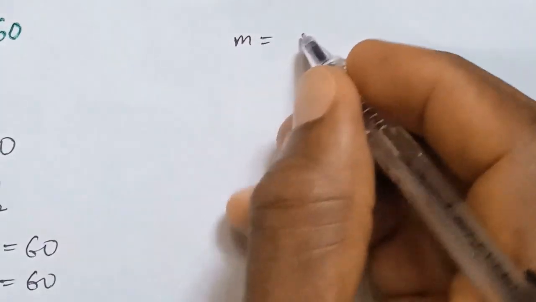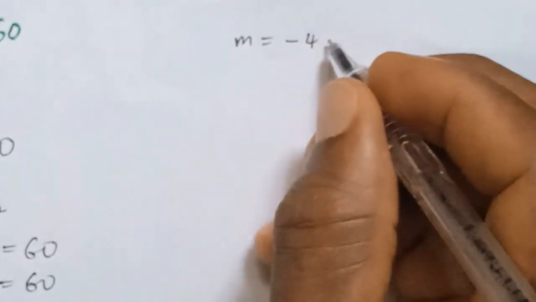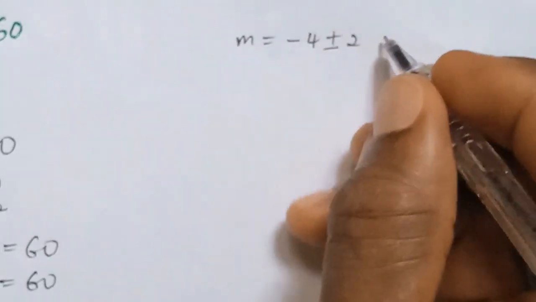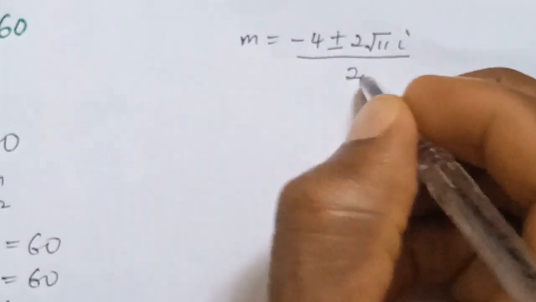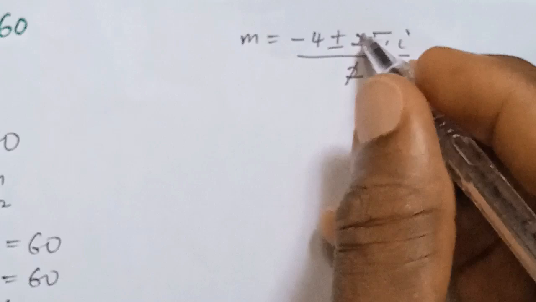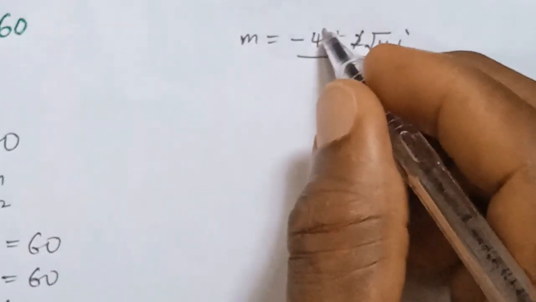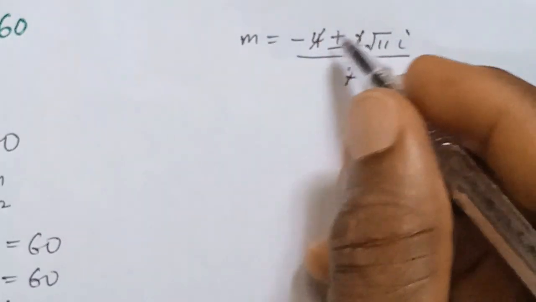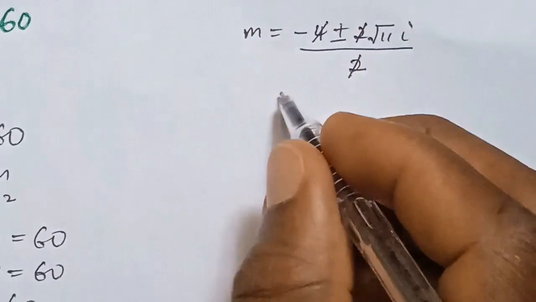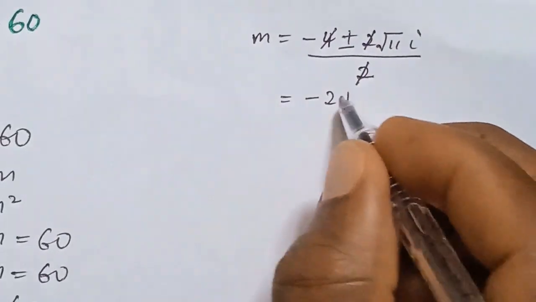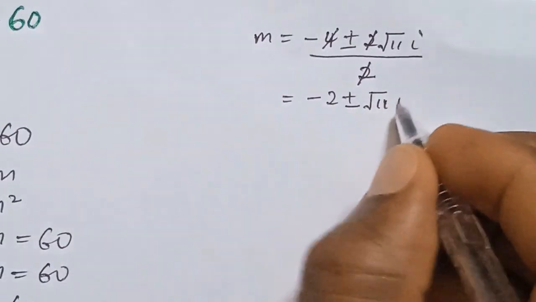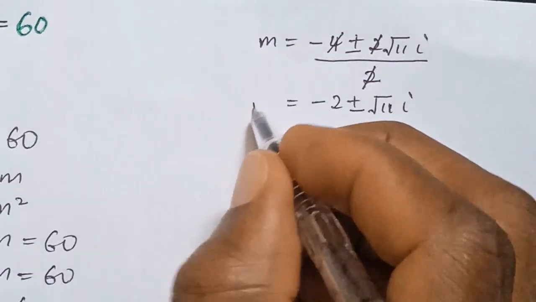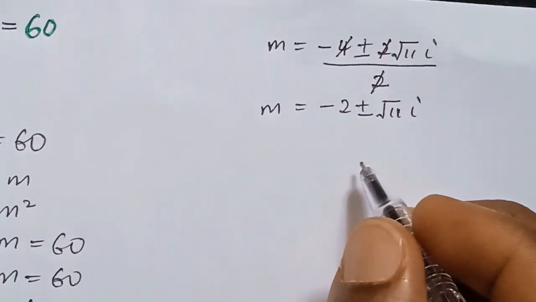m will be equal to (-4 ± 2√11 i)/2. Dividing by 2 gives us -2 ± √11 i, which will now be our value of m for the other values of m.